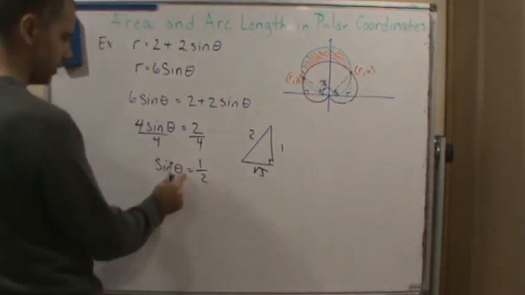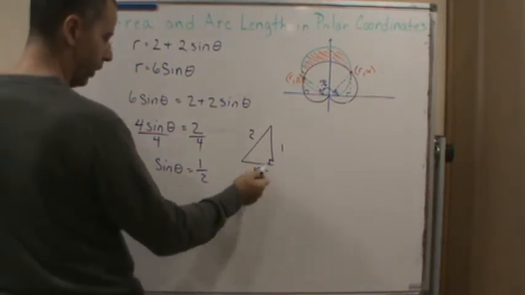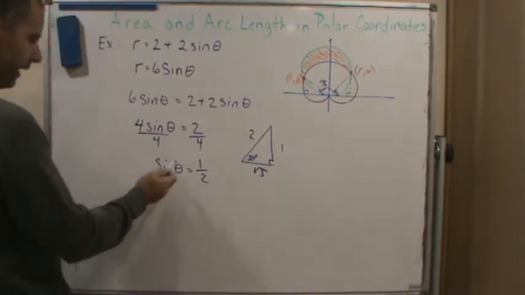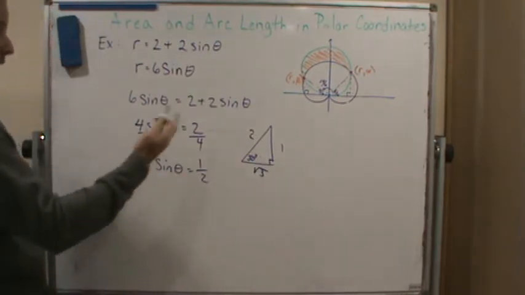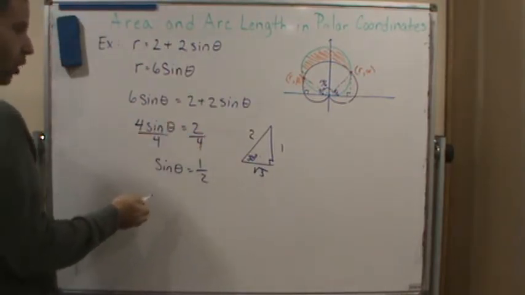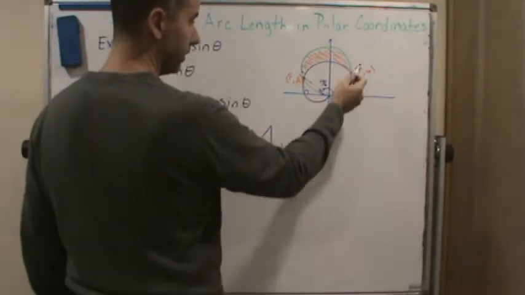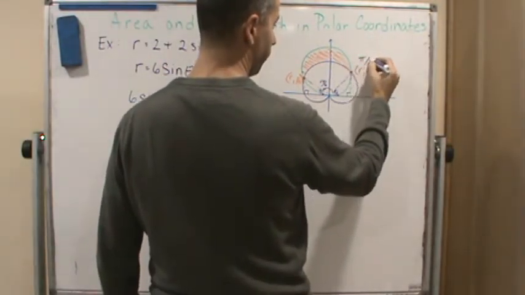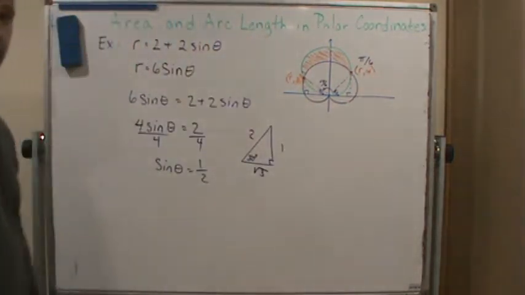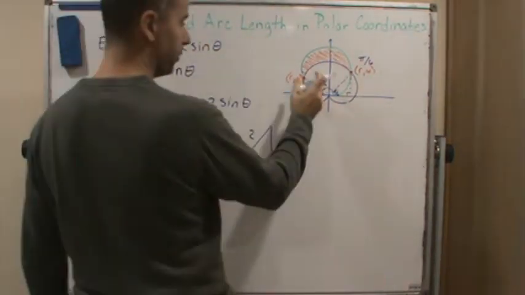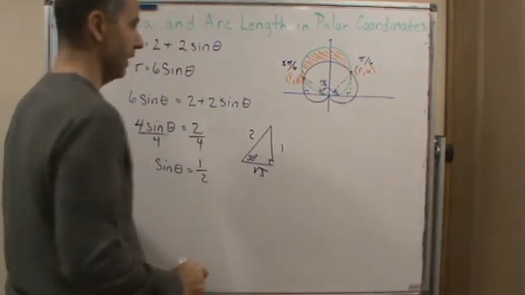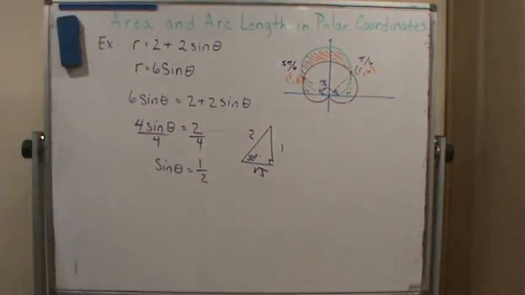That means the angle we're dealing with is a 30-degree angle. So theta is a 30-degree angle. What are the different 30-degree angles? In the first quadrant, there's only one: pi over 6. In quadrant 2, there's only one: 5 pi over 6. And so there's our alpha and beta.